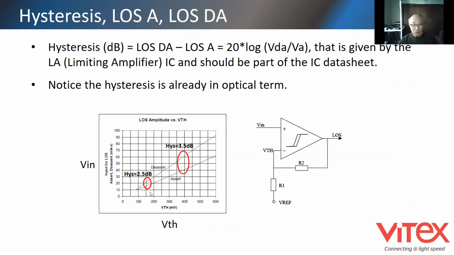So at a low input level, the LOS assert will be triggered faster, and so is the deassert. This is provided in the limiting amplifier IC datasheet. When you do a design, you can look it up. It should be there.